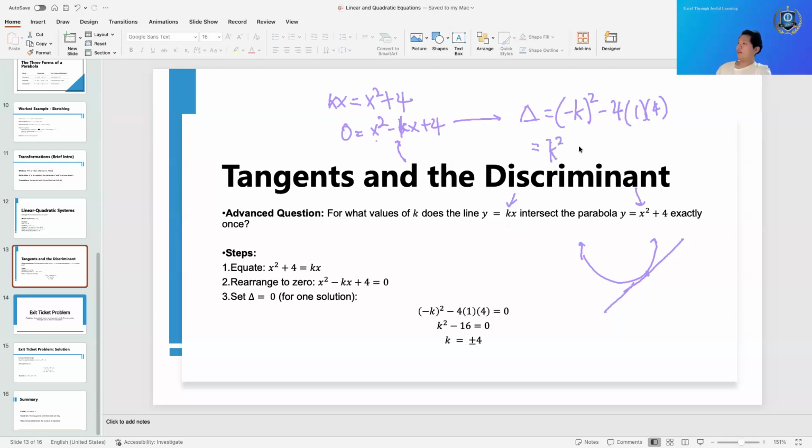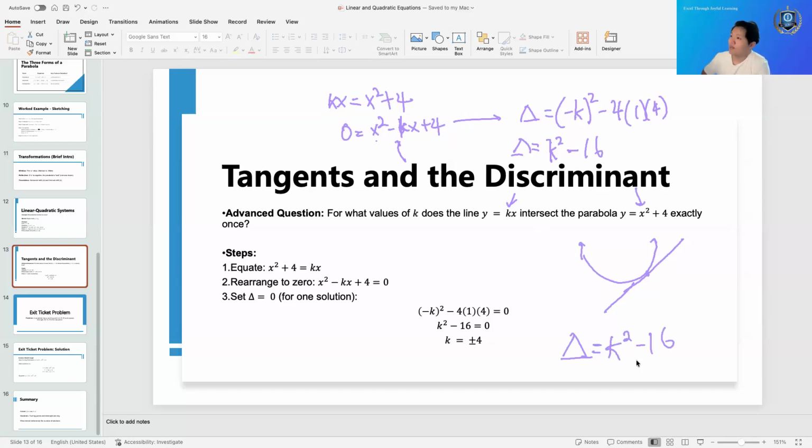And then I have minus 4 times 1 times 4, which is minus what? Negative 16. Yeah, good. So my discriminant is now no longer a number, right? It is an expression in terms of k. So technically, if I wanted, I could change my values of k to change my discriminant.